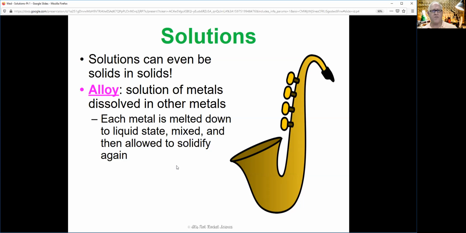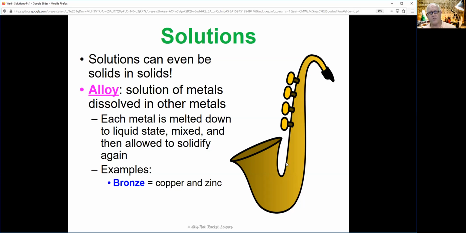And that's usually done in a fairly controlled environment, because how quickly it cools affects how that solution ends up being a solid. And so the metal bronze is actually a combination of copper and zinc. Copper and zinc are individual elements that you find on the periodic table. I believe copper is Cu and zinc is Zn.